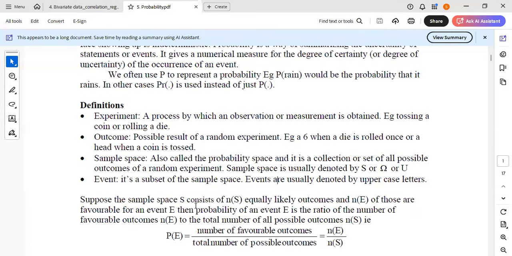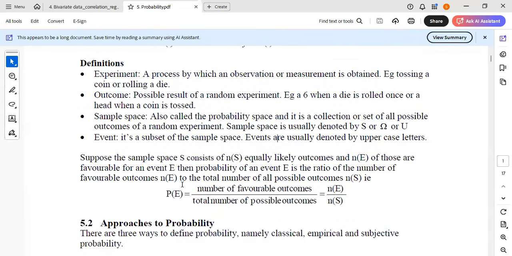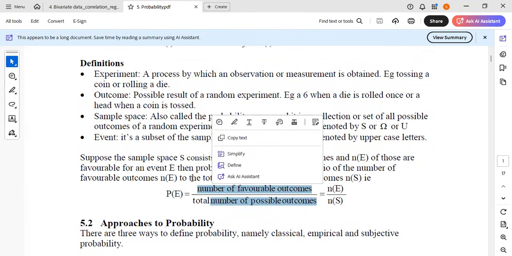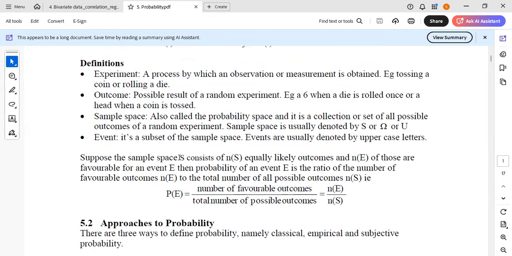So this is now the general way of representing a probability. Say, for example, in a sample space S, which contains n, so these are the number of likely outcomes, and n(E), those are the favorable outcomes. That is what you are interested in.